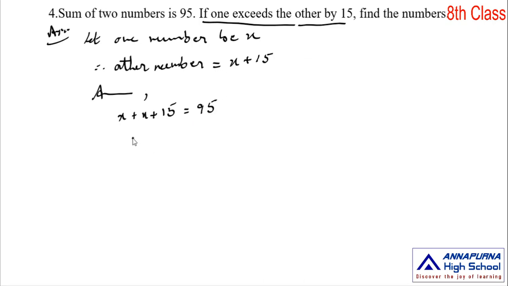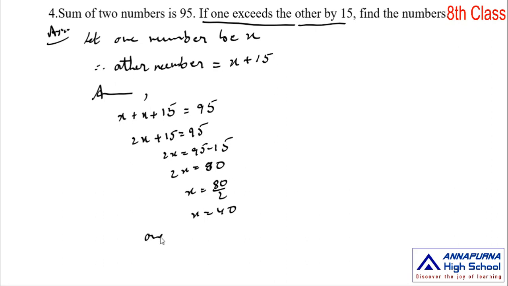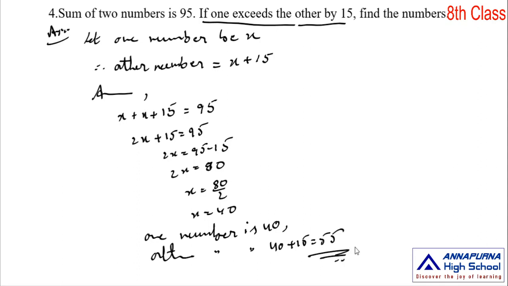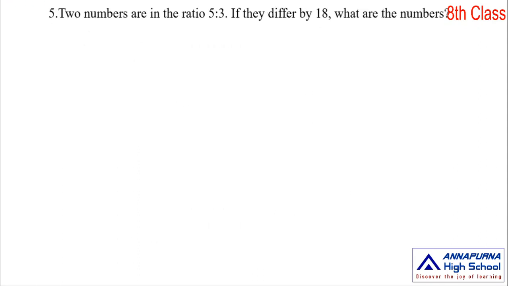Solve this equation: 2x plus 15 is equal to 95, 2x is equal to 95 minus 15, 2x is equal to 80, x is equal to 80 by 2, so x is equal to 40. So one number is 40 and the other number is x plus 15. Now x is equal to 40, so 40 plus 15 is equal to 55. Okay? So let's come to the next one.